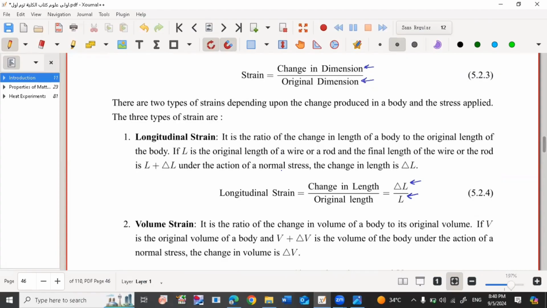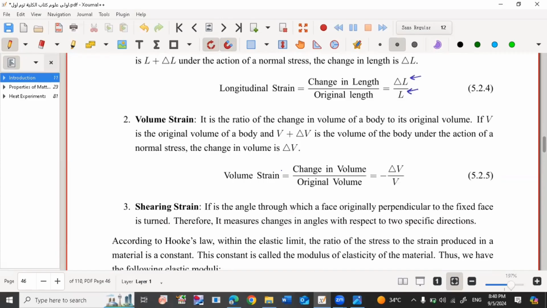This means it will be delta V over V, and here is the change in the volume. Like if we have a sphere or a ball that will be expanded or shrunk by the external force. So this means delta V over V. And also the minus sign here means this volume is going to shrink.